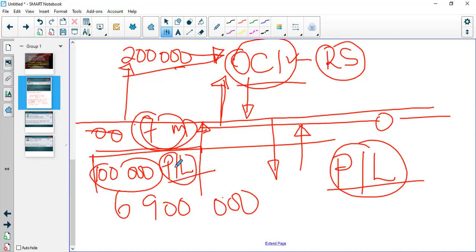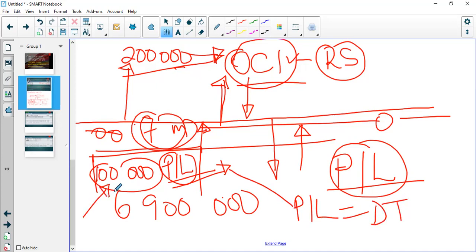So if any deferred tax arises from that movement, from items that are recognized in profit or loss, then the deferred tax here is also recognized in profit or loss. So the deferred tax for this 100,000 should also be recognized in the profit or loss because it arises from items that are recognized in the profit or loss.